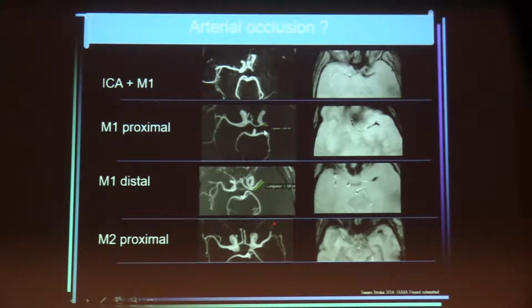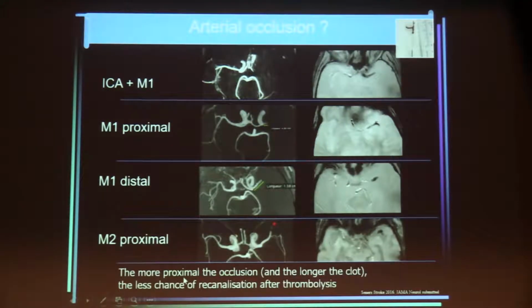The occlusion can be proximal, it could be distally located, and you have the clot here, corresponding clot, or also it could be located in the M2 proximal segment, and again you can detect the clot here on the susceptibility weighted sequence. What's important here is that the more proximal the occlusion and the longer the clot, the less chance of recanalization after thrombolysis.